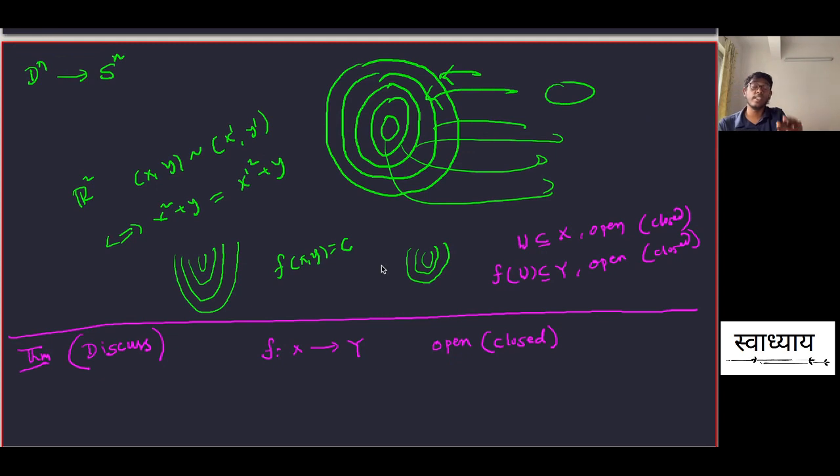So this theorem says, we are not assuming X is compact or anything. If f from X to Y is an open or closed map, and it is continuous and surjective, then Y is homeomorphic to the quotient space. And what is the relation?